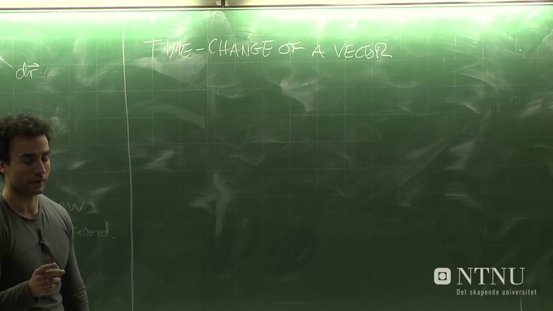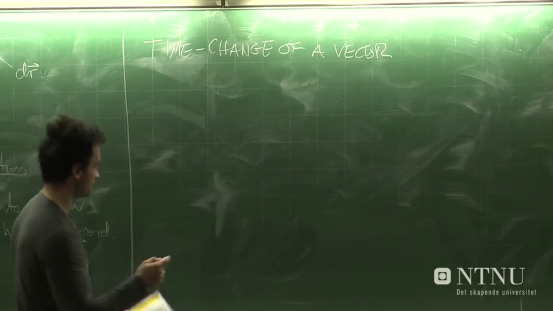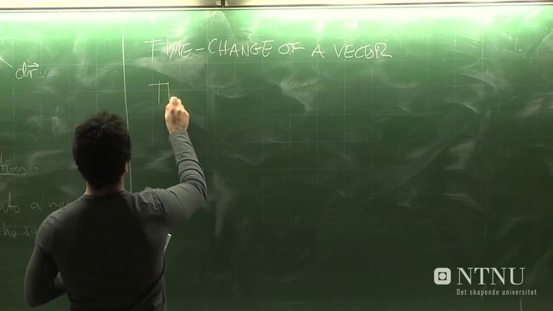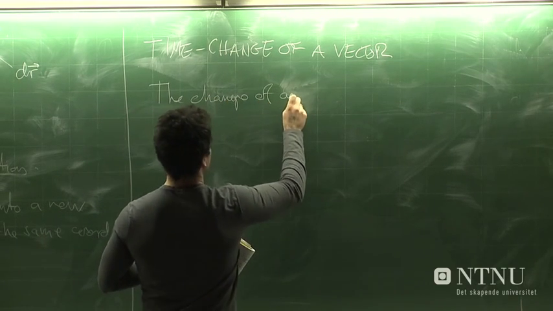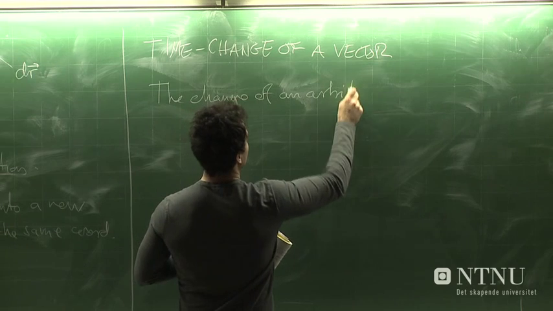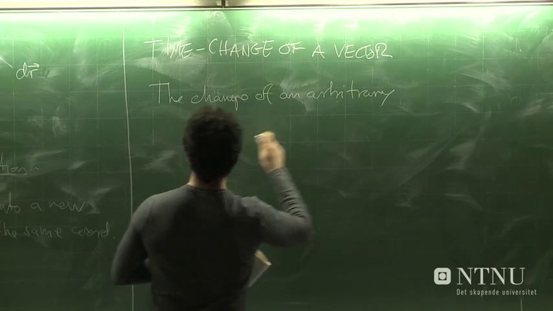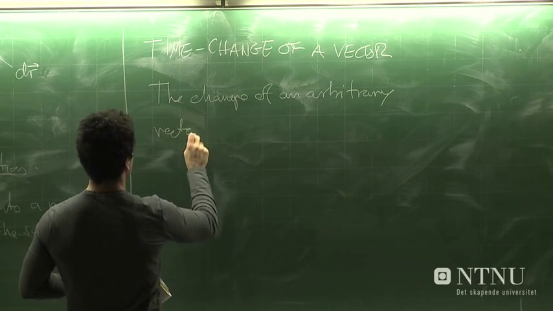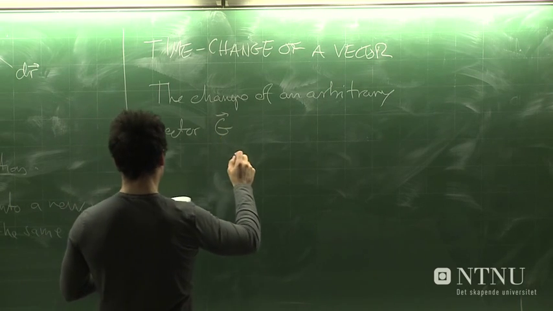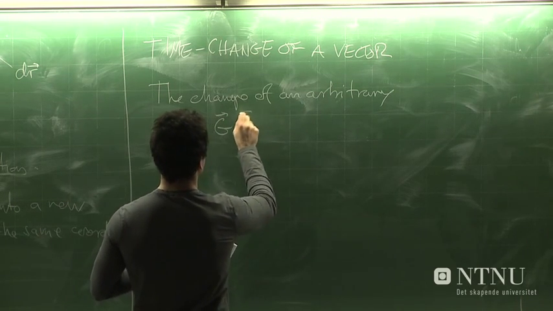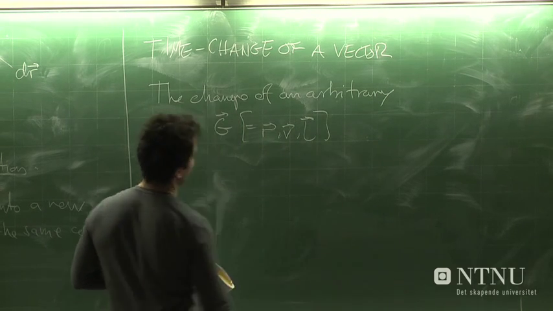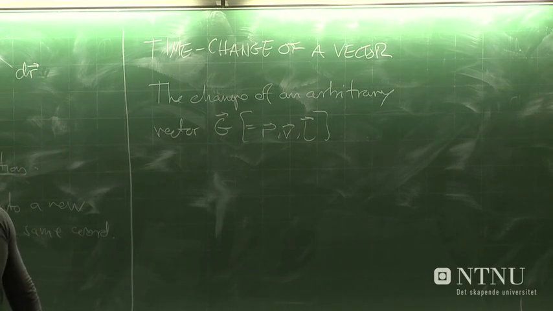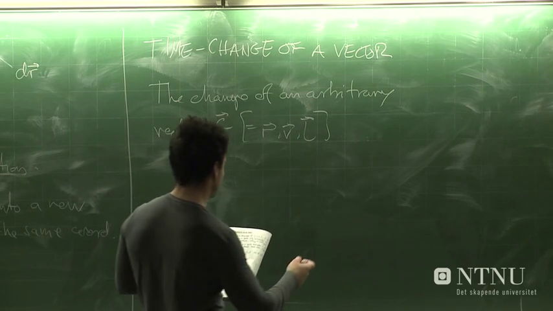In particular, whether or not this coordinate system is rotating. So this arbitrary vector g can be position, velocity, angular momentum.